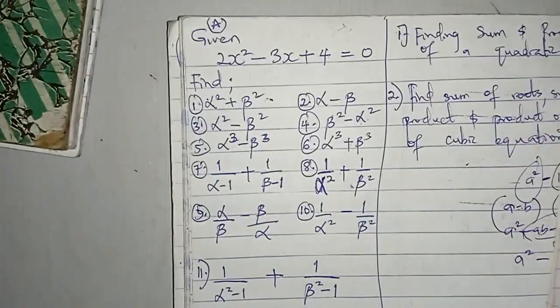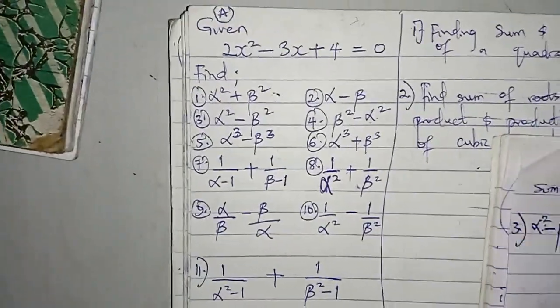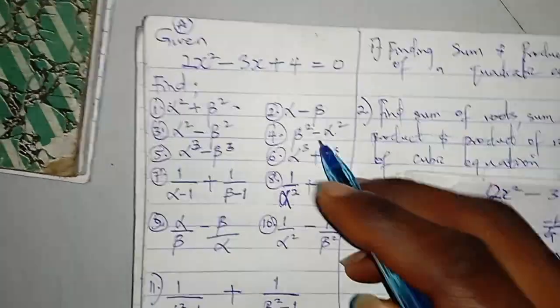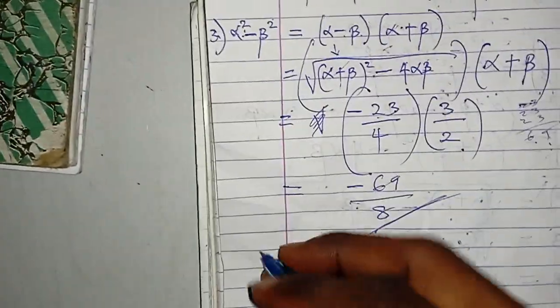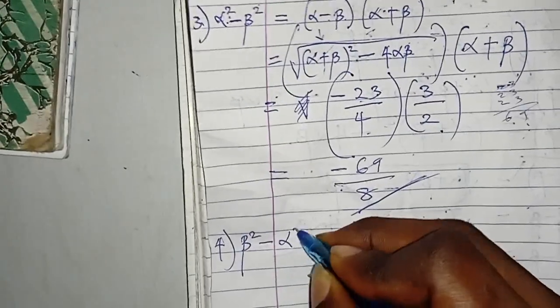Next question says we should get beta square minus alpha square. Okay, number 4. Beta square minus alpha square.